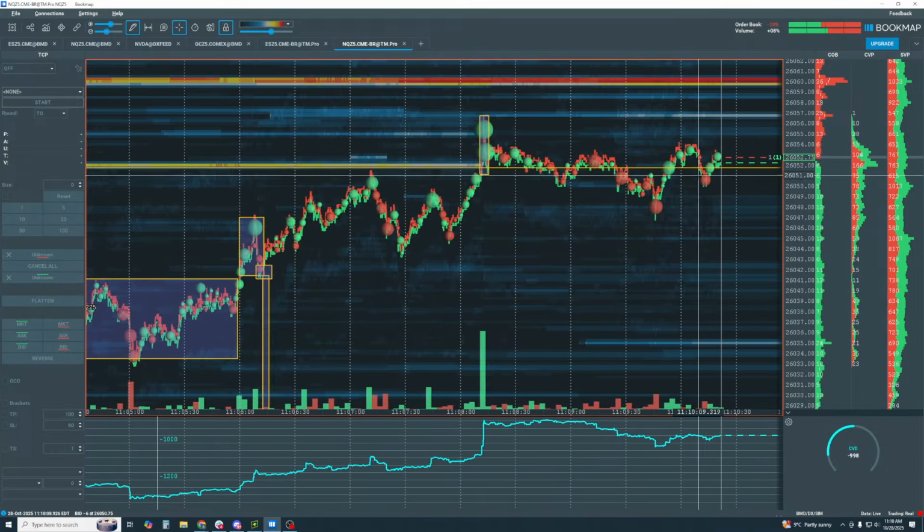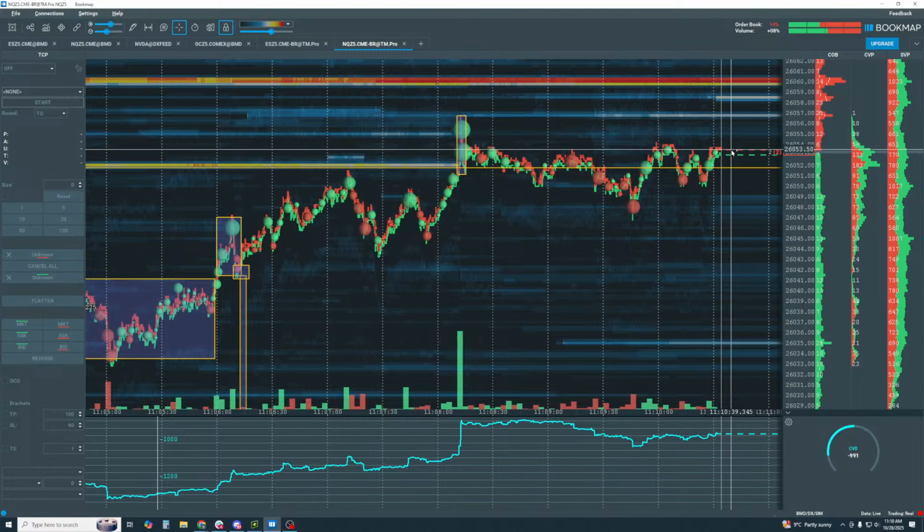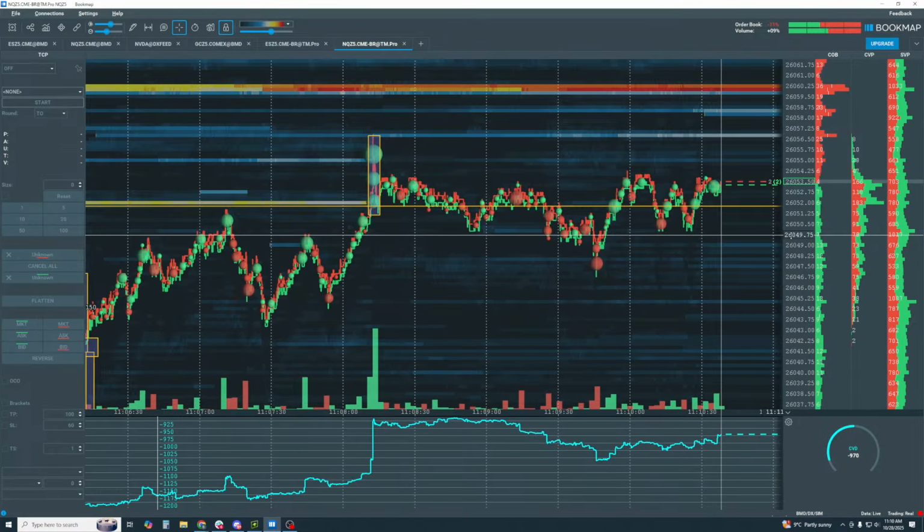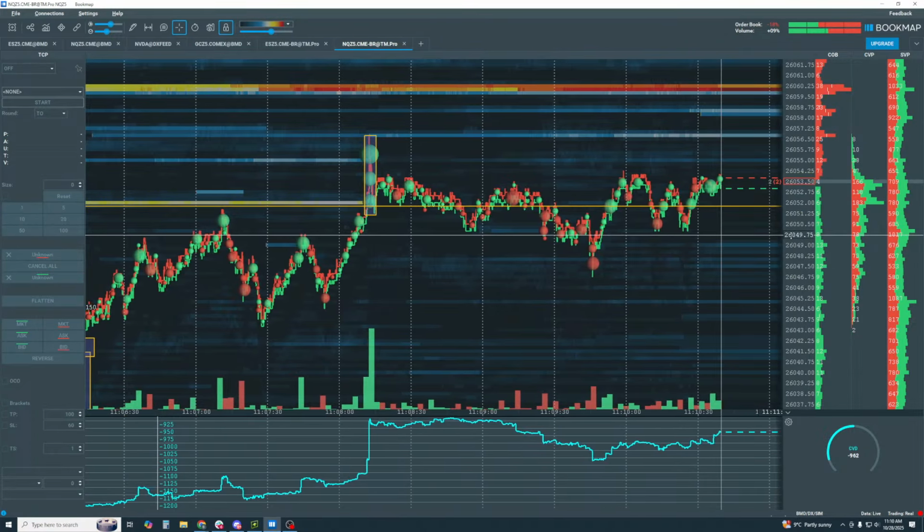All right, let's see it on this swing here. And let's see the move. Still struggling.